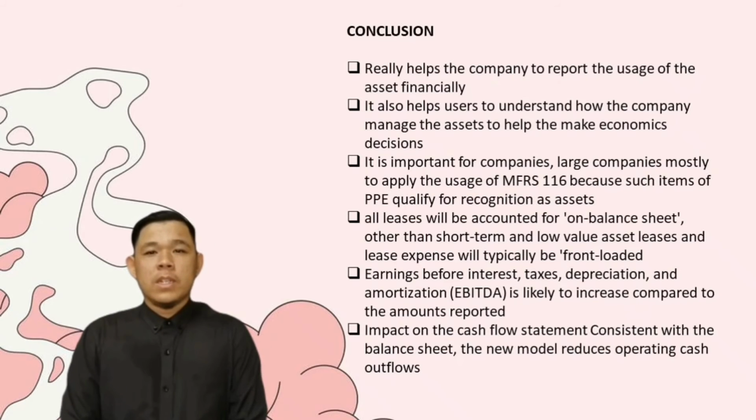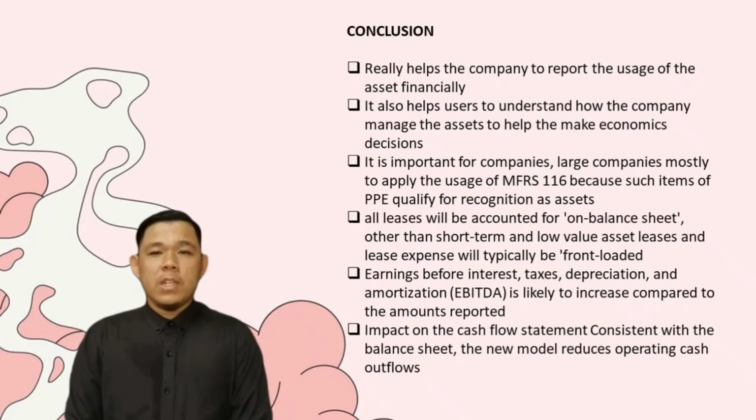We can also recognize the impact of using the reporting standard, which is that all leases will be accounted for on the balance sheet other than short-term and low-value asset leases, and lease expense will typically be front-loaded.